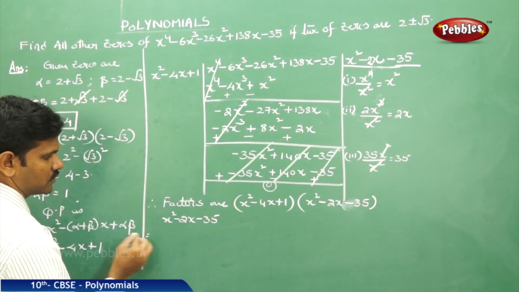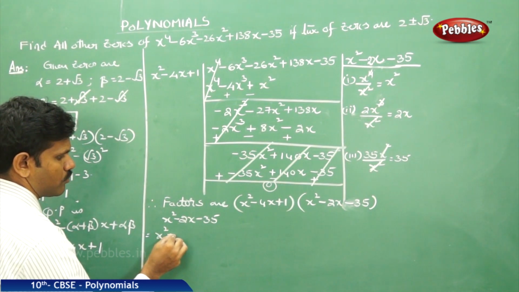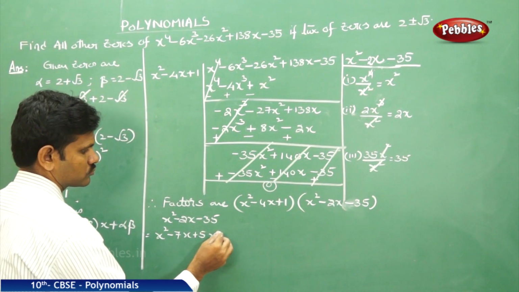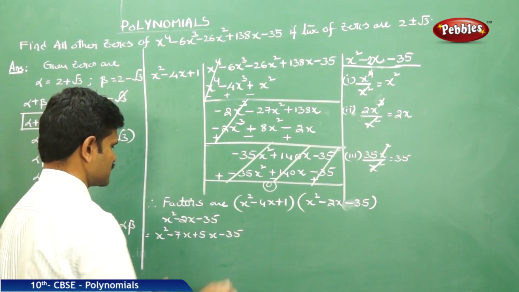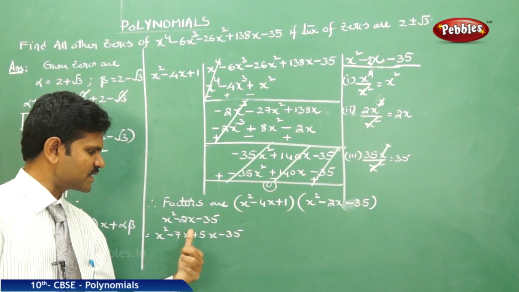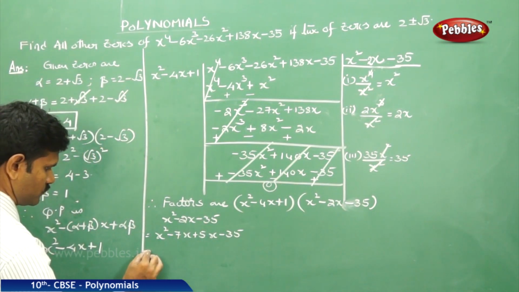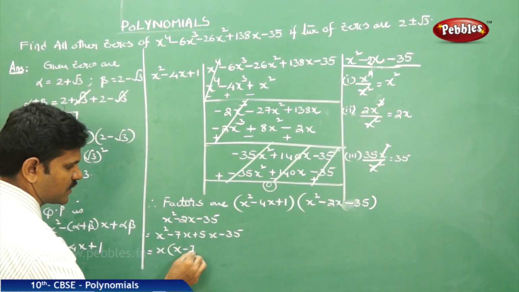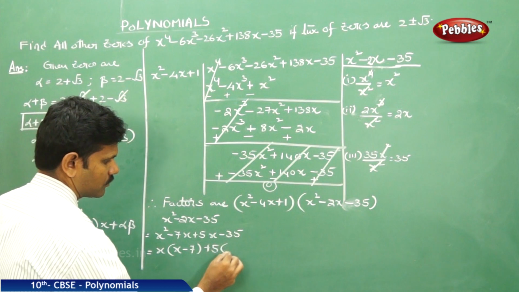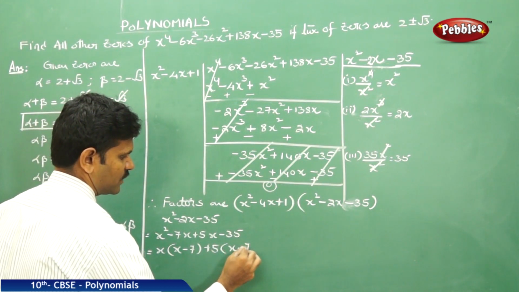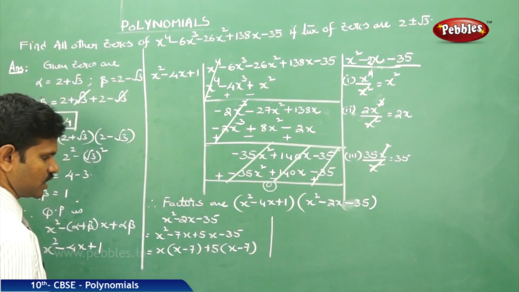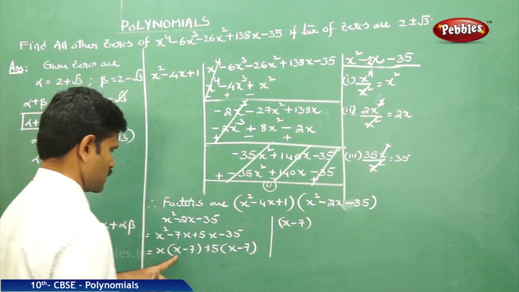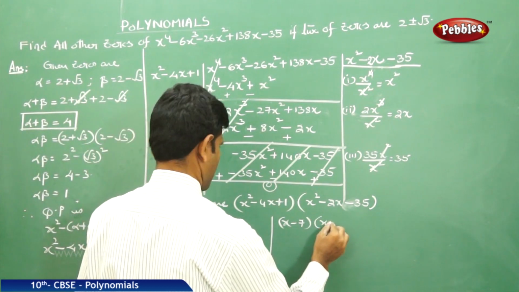Therefore the factors are x square minus 7x plus 5x minus 35. Why? Because 7 5s are 35, minus 7 plus 5 is minus 2. Take x common, x minus 7, take plus 5 common, x minus 7. Therefore the common factor is x minus 7 and the other factor is x plus 5.